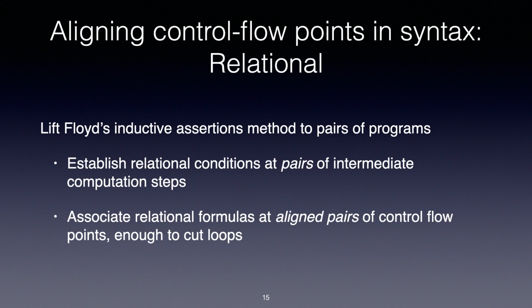And we have to associate relational formulas at aligned pairs of control flow points in cut loops. Okay, so the whole thing boils down to what are the aligned pairs? How can you talk about the aligned pairs?